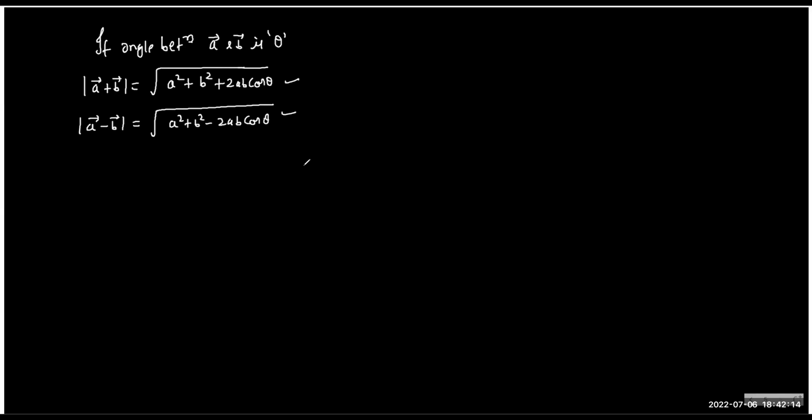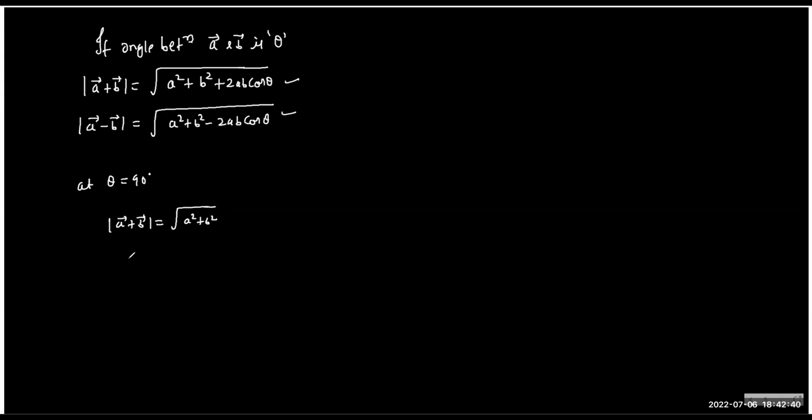When cos theta is 0, by the way, the angle is 90 degrees exactly. So when the angle is 90, the cos is 0, which means it will give you the same relation. At theta equal to 90 degrees, the mod of A plus B will be A square plus B square, just like Pythagoras.